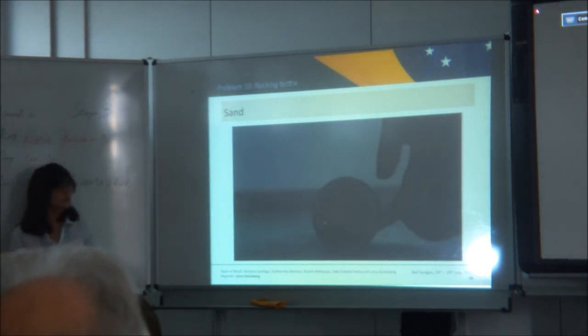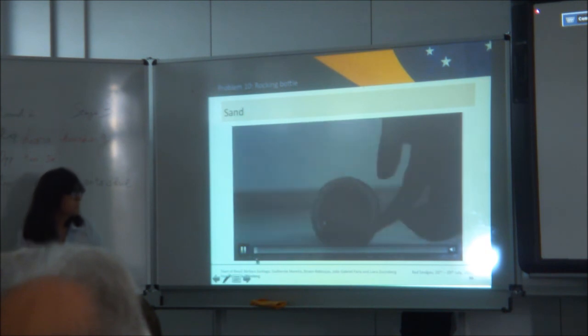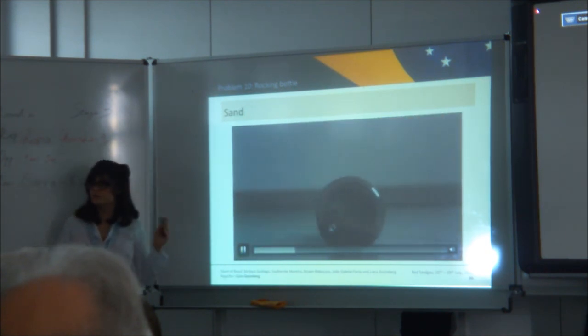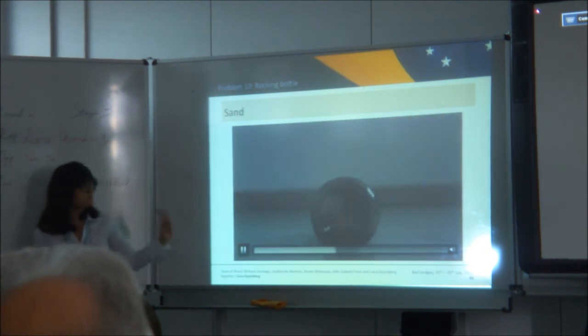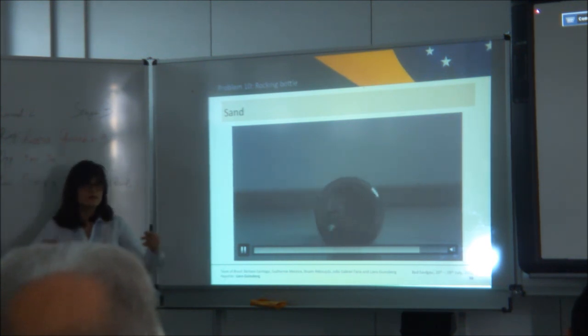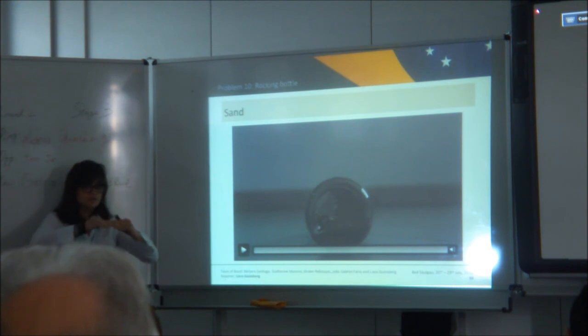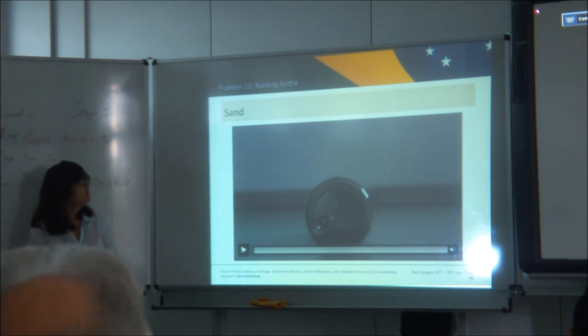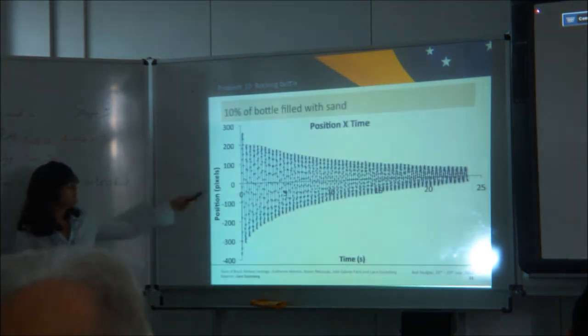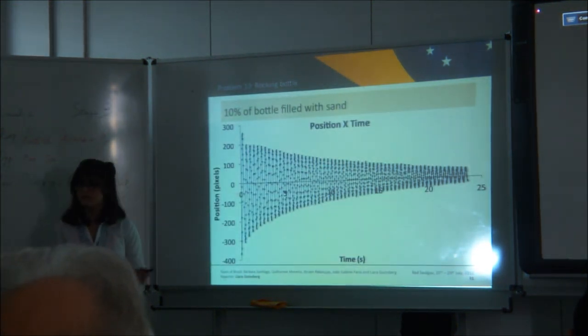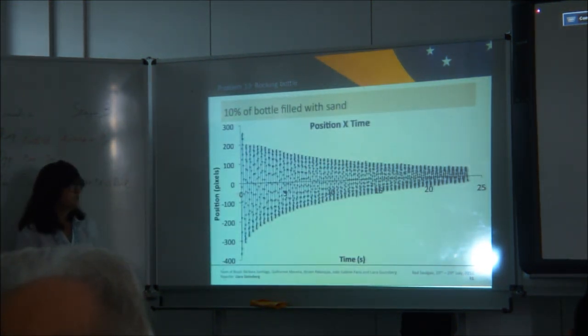And we can also do the experiment with sand. Why would we do the experiment with sand? Because the viscous forces would be so high that the shape of the fluid would not deform. So we would have a really good approximation to an underdamped oscillation.